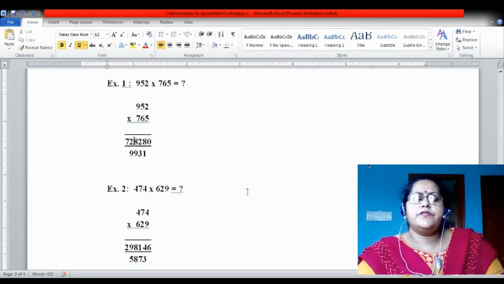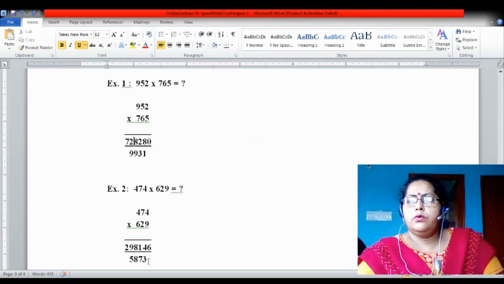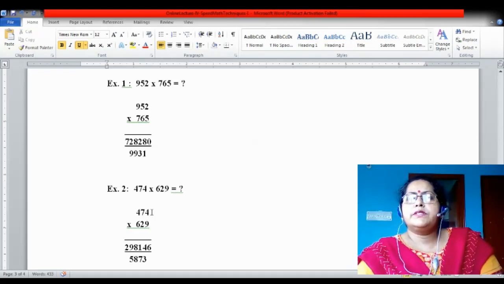So first step, it's 9 into 4, 36. So it's 6 over here and 3 is kept down for carrying forward. Second step, multiplying the tens and the units place. So it's 7 nines are 36 plus 4 twos are 8.